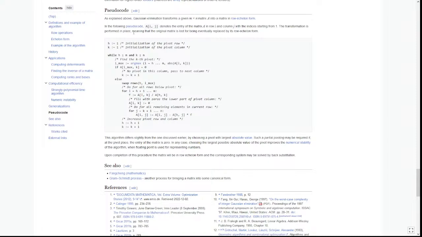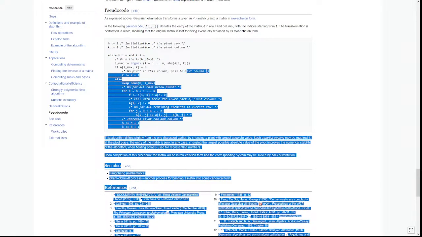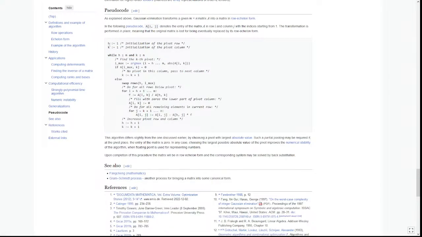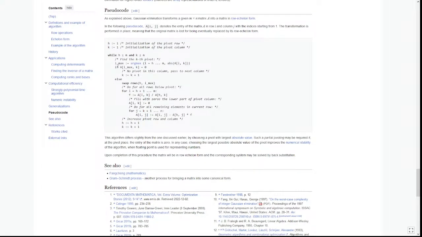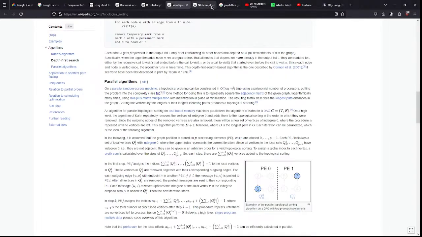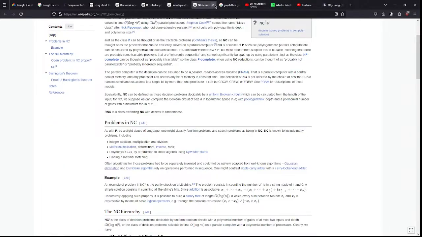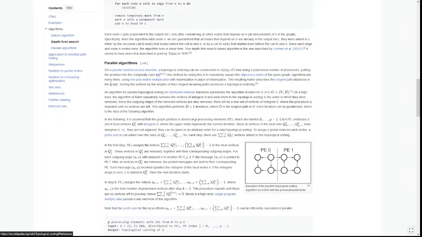This transformation is performed in place, meaning that the original matrix is lost, eventually being replaced by its row echelon form. Okay, all right, finally we're in parallel.